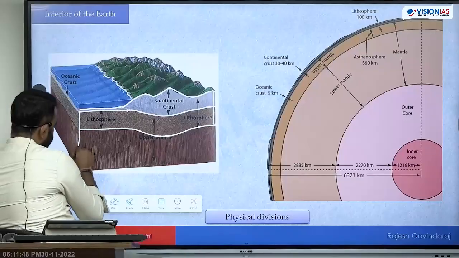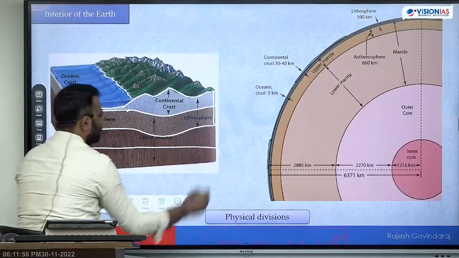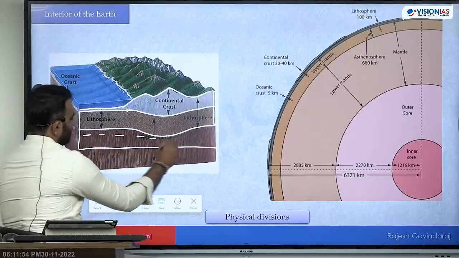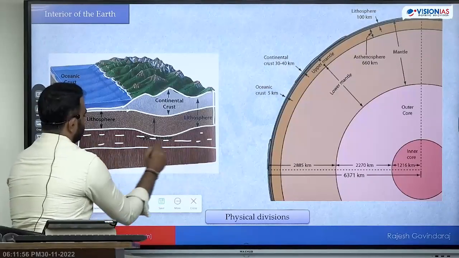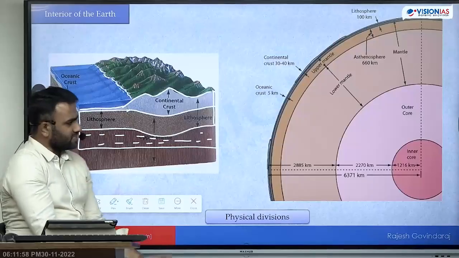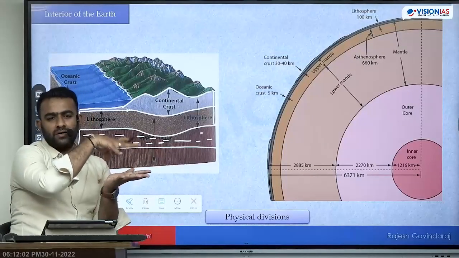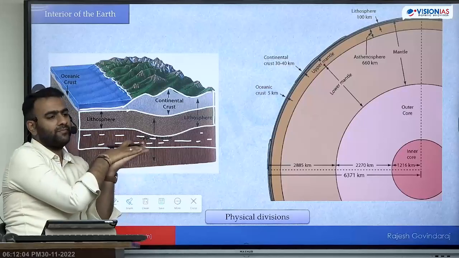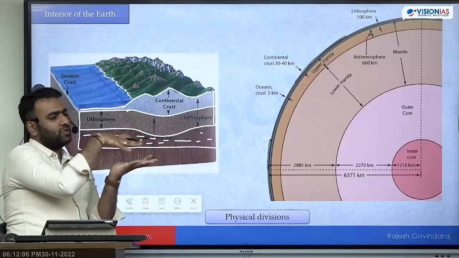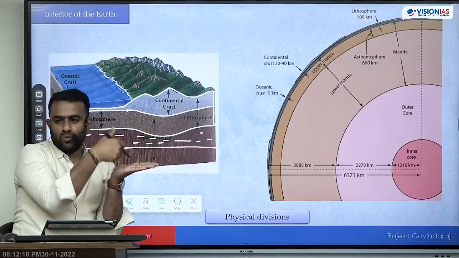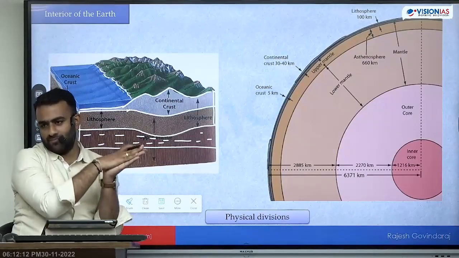Below the lithosphere, we have asthenosphere, which is semi-solid, semi-liquid in state. It is like a sponge on which the harder lithosphere sits, and that is what helps in moving.